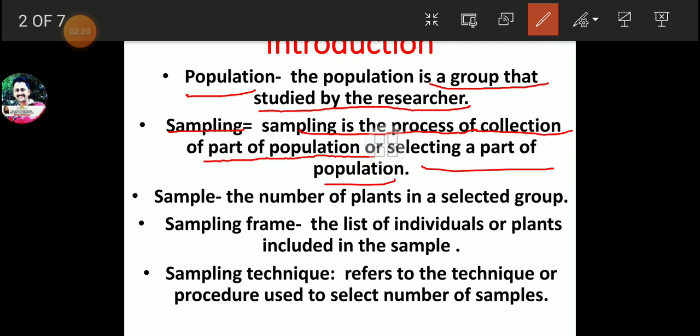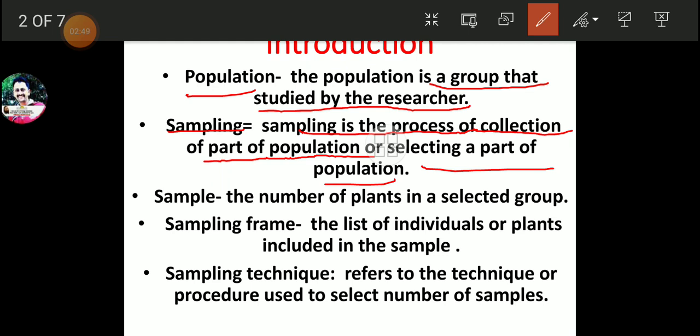Then we have to select 10 plants out of that, and those 10 plants are the part of 100 rose flower plants. So that 10 plants is nothing but the sample.